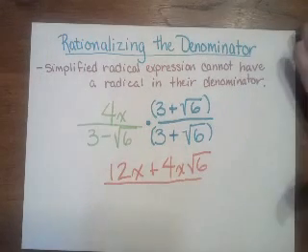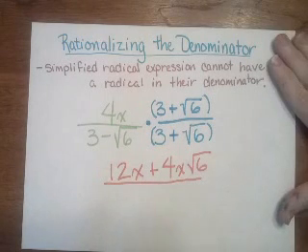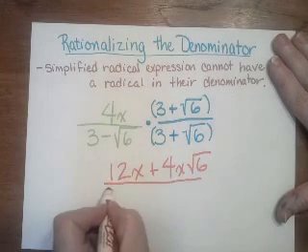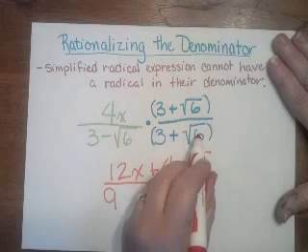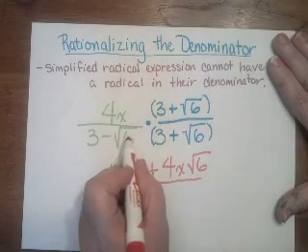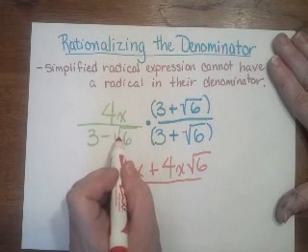My denominator, let's see if this actually rationalizes it. My first is 3 times 3, which is 9. My outer is 3 times the square root of 6. And my inner is going to be 3 times the negative square root of 6. So they cancel out.